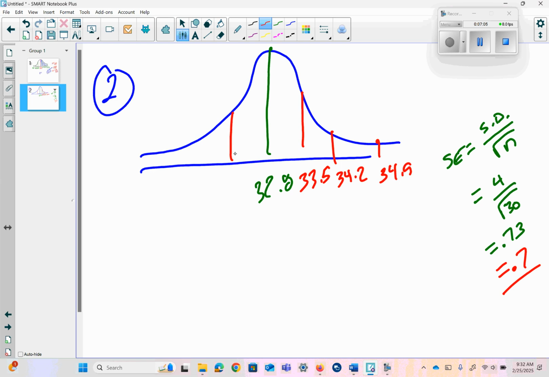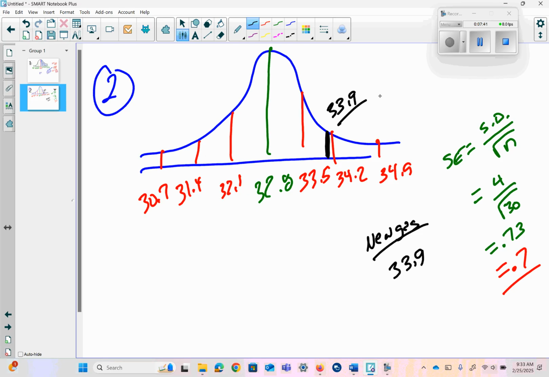So 32.8 minus 0.7 is 32.1, then 31.4 and 30.7. Okay. And then they said that the new gas, the good gas, is going to give us 33.9. Is that what they said? So 33.9 is like here.